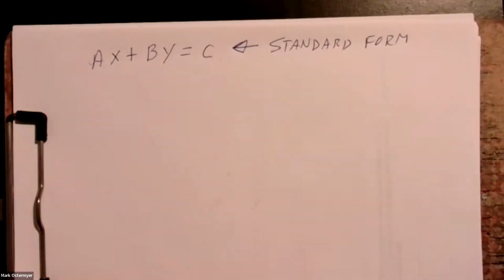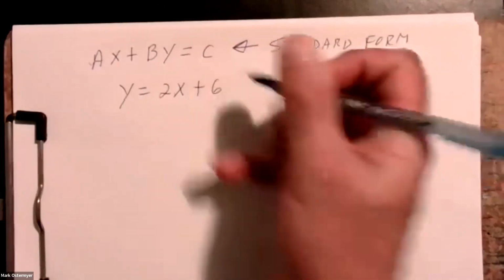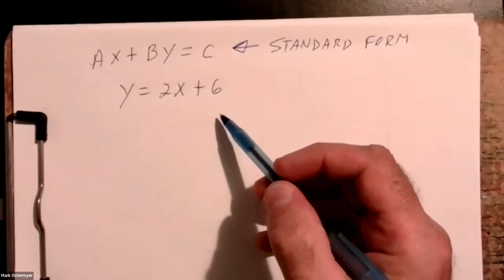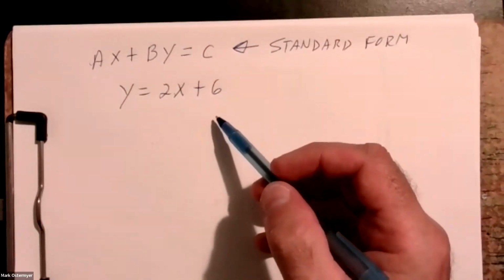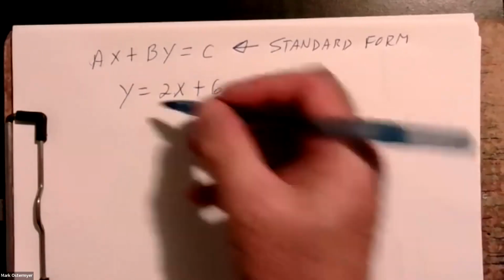And so if I have y is equal to 2x plus 6, how would I get this equation into standard form? Well, in order to do that, I need to get x on the same side of my equation with y. How do I move a positive 2x to the left side of my equation? Subtract.